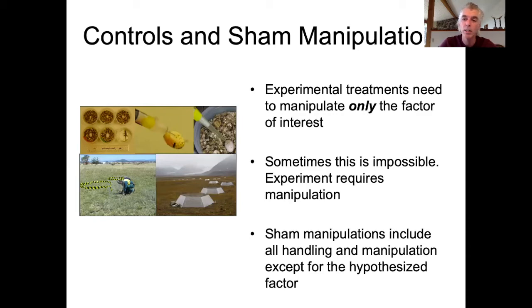And so, as a result, if we want to test what the effects are of removing yolk from the eggs, we need to not only have eggs that are completely untouched, eggs from which we have removed some yolk, but we also need to control for the poking itself by taking some eggs, poking them with the syringe, and then removing the syringe as a control for the fact that we have pierced the outside of the egg in our yolk removal experiment.